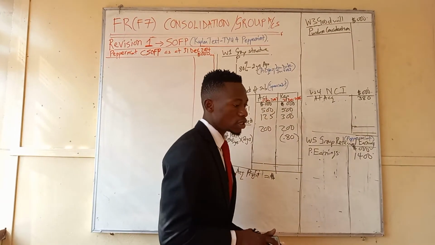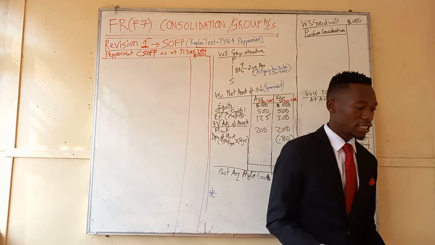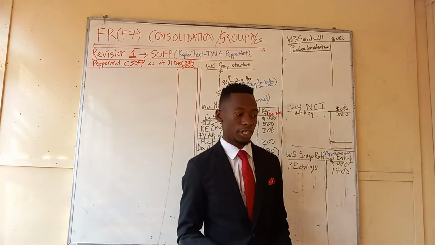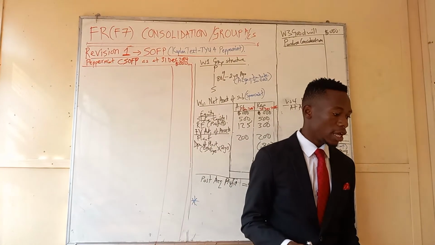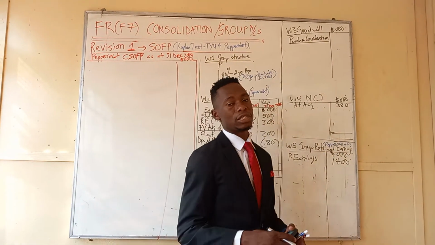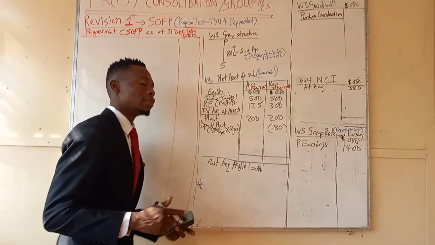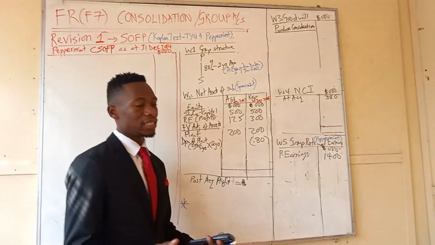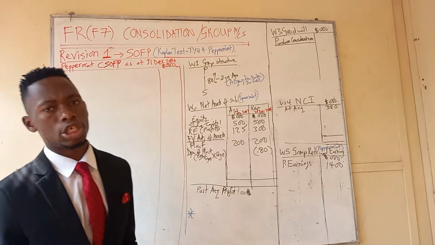Then also on note number 2, they told us that Spearmint had been selling some of its products under the brand name Mint Fresh, right? At the date of acquisition, the directors of P valued this brand. This brand was given a value of 250. The brand is an intangible asset, right? And they are telling us that it was not included in the financial position.